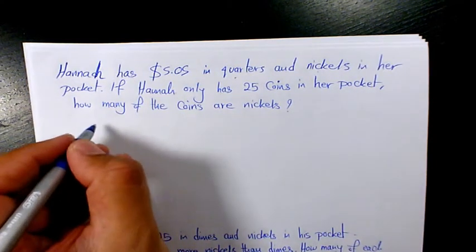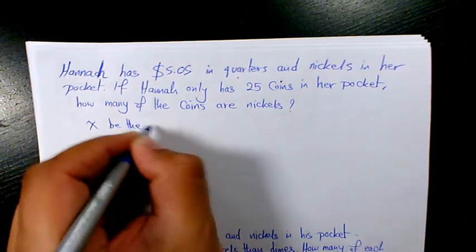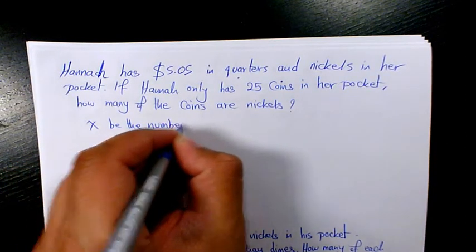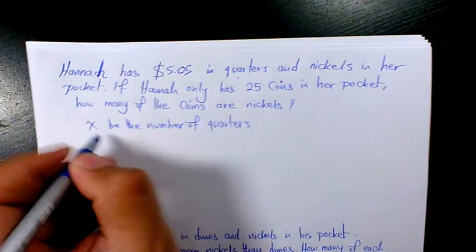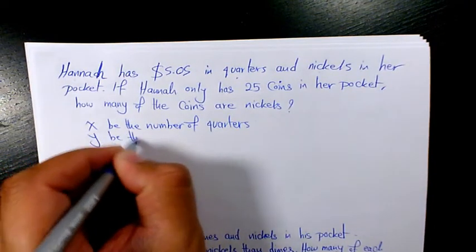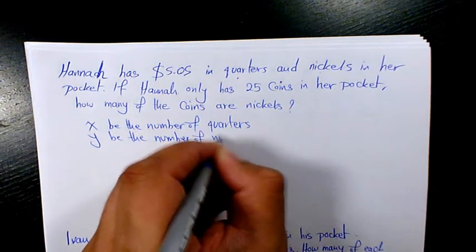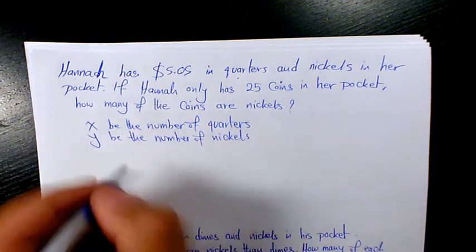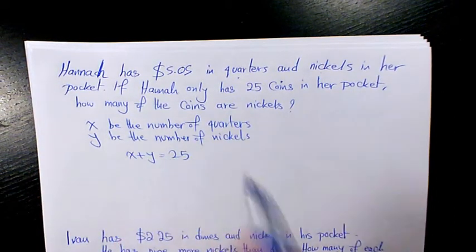So I'm going to say X be the number of quarters and Y be the number of nickels. So in total she has 25 coins. So X plus Y is 25.